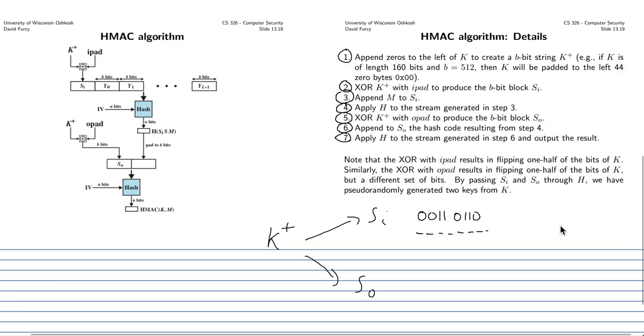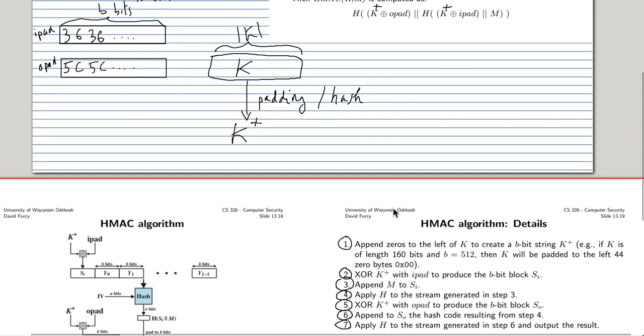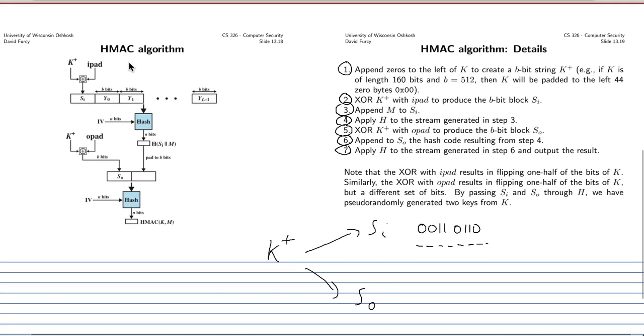Now remember that when we XOR something with the bit 0, it remains unchanged, and when we XOR it with the bit 1, it flips. So by using this XOR operation between the input pad and K plus, we end up flipping a fraction of the bits of K plus to get some new key. And then when we do the same with the other pad, the output pad right here, whose values are 5C, 5C, 5C, we end up doing the same thing, but with a different bit pattern.